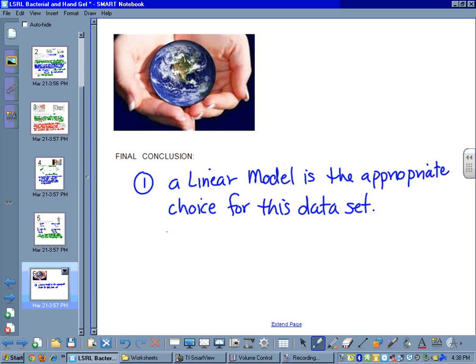How do I know that? The original scatter plot and the residual plot have no curved patterns. Most importantly, the residual plot.